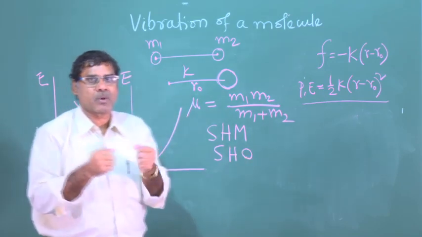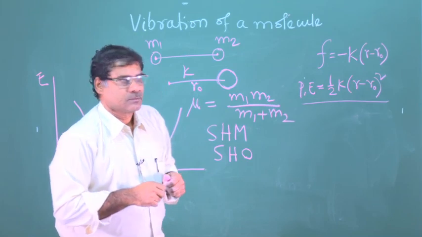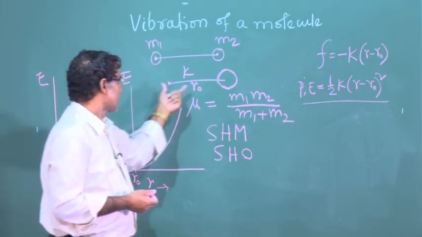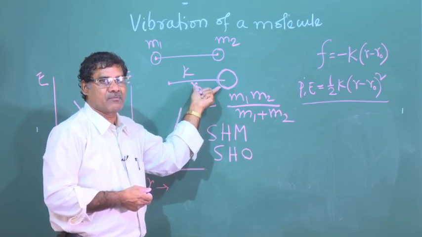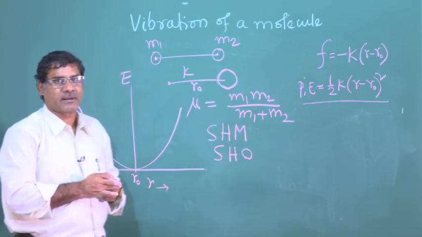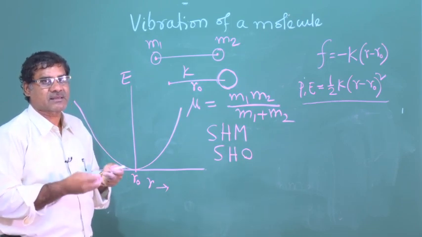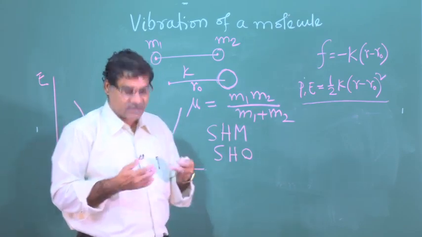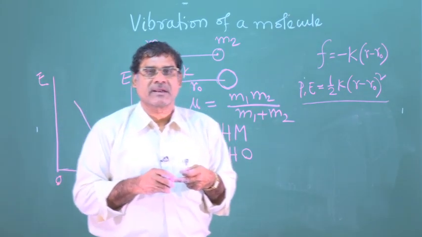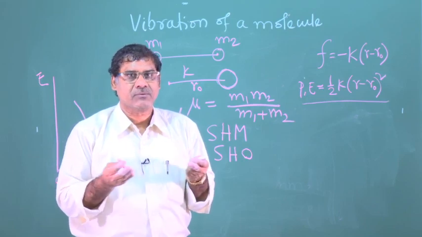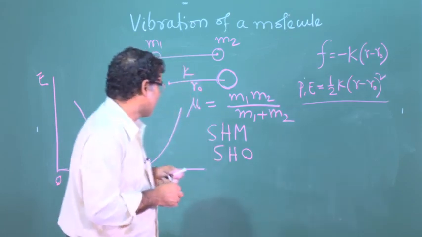So, the vibration of a molecule can be converted to a simple harmonic oscillator. Its behavior is just like a simple harmonic oscillator, which is a standard problem in quantum mechanics, and the solution is known to you, hopefully.